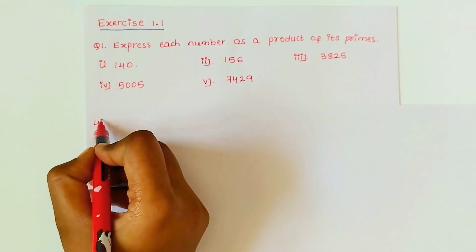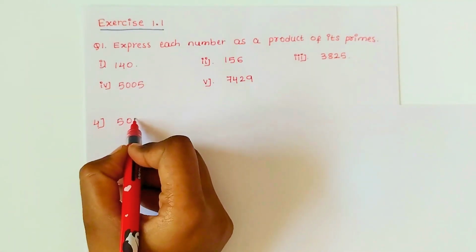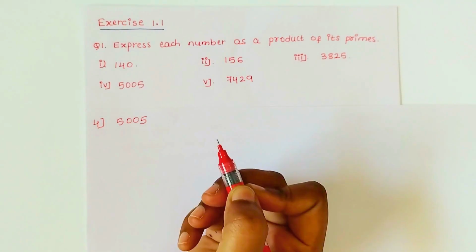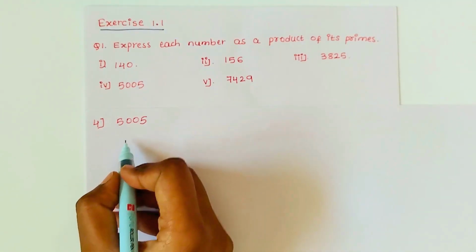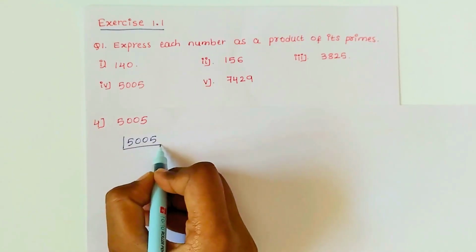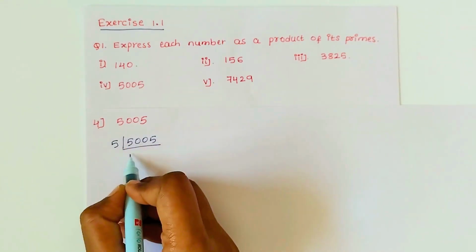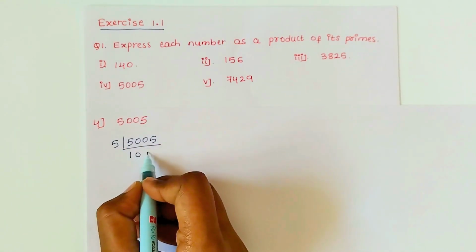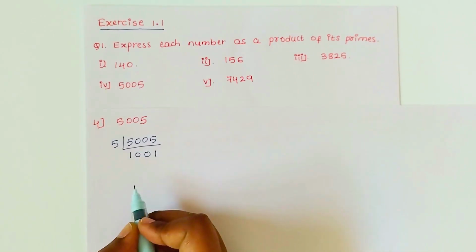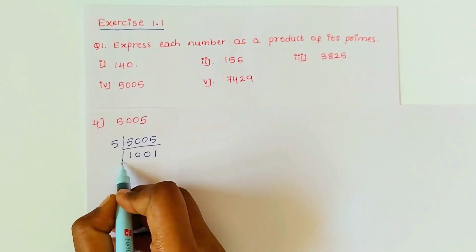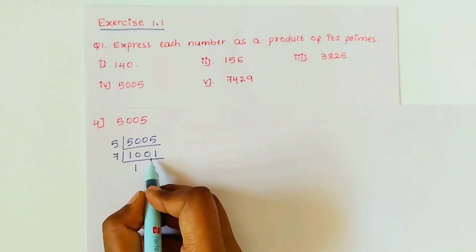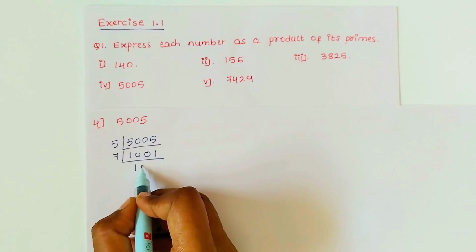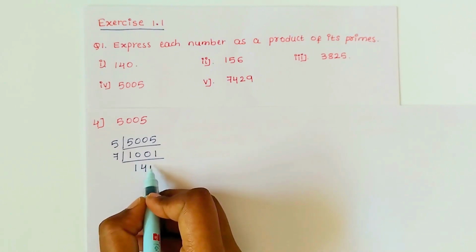Next, the fourth question is 5005. Again get the factors by the prime factorization method. See, the last digit is 5. Start with 5. 5 1s are 5, 0. Again 5 1s are 5. Next take down 7. 7 1s are 7. It becomes a 30. 7 4s are 28. It is a 21.